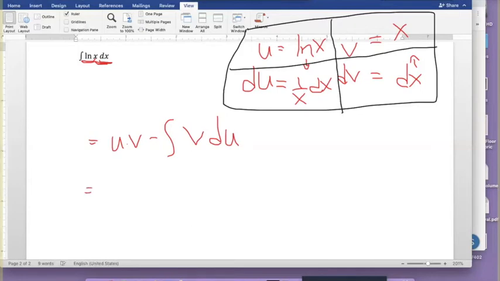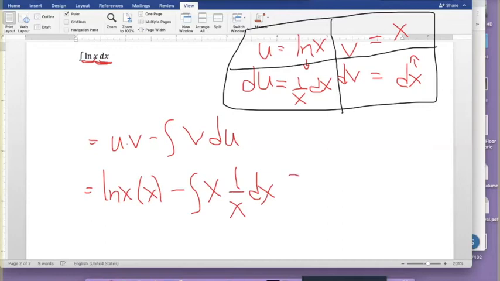We've got the u is the ln of x. The v is x, minus the integral of v, which is x again, du. So we've got 1 over x dx, which the x and the dx cancel out. Let me rewrite this first term.